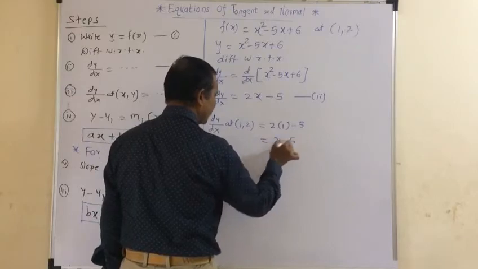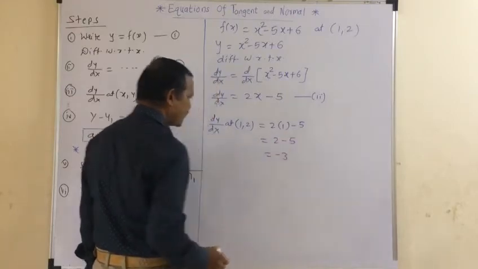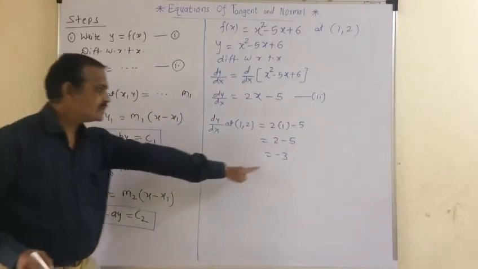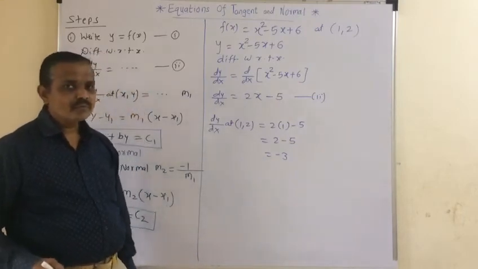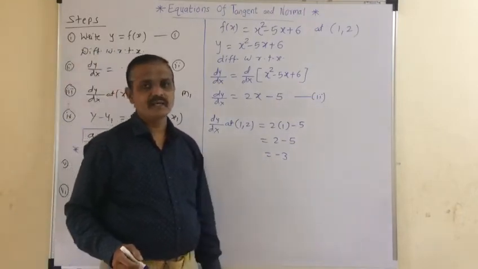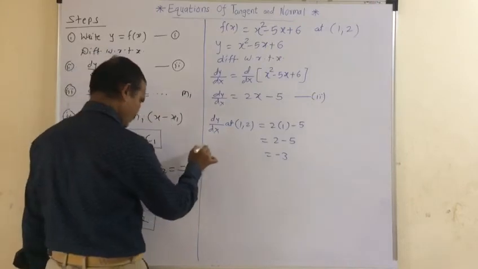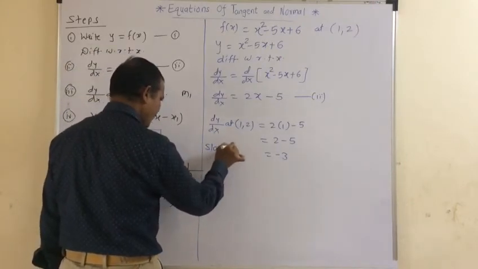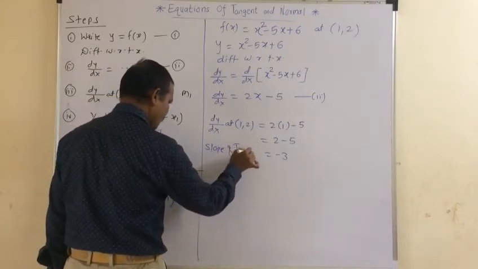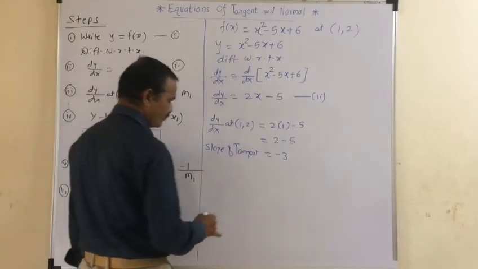Now we get 2 minus 5 is equal to minus 3, and this is the slope of tangent at point, say m1.